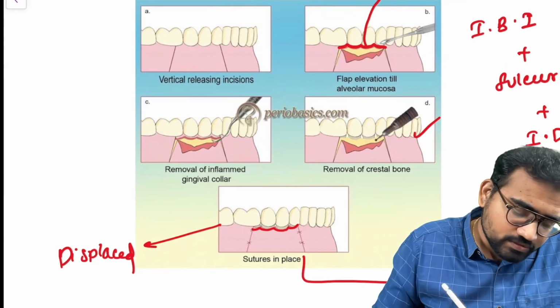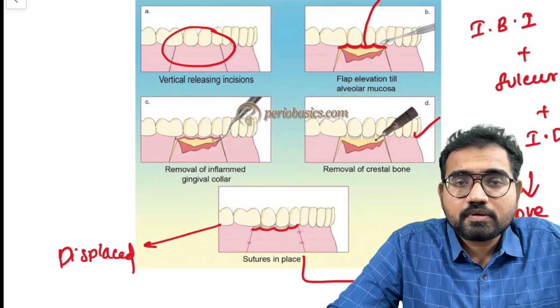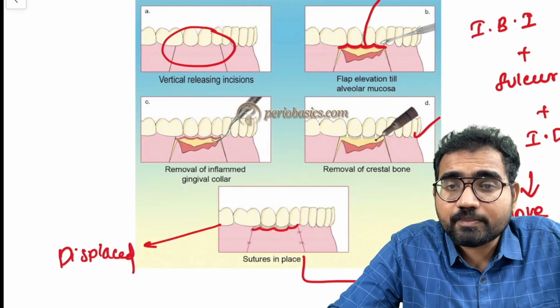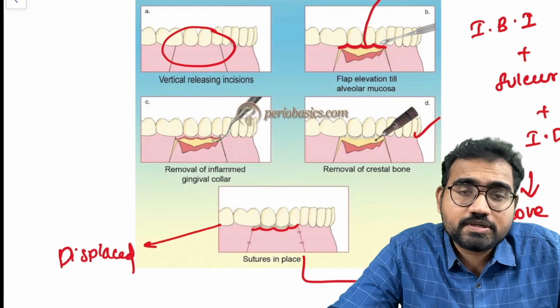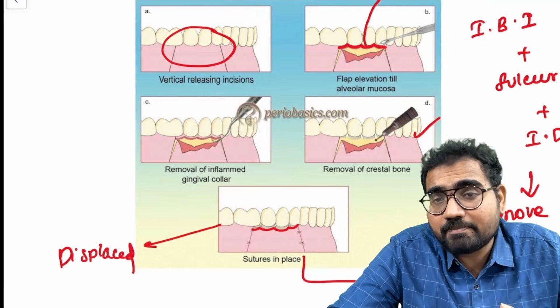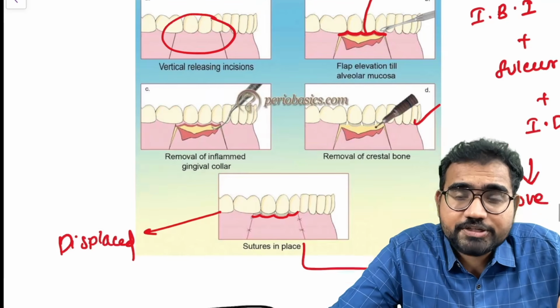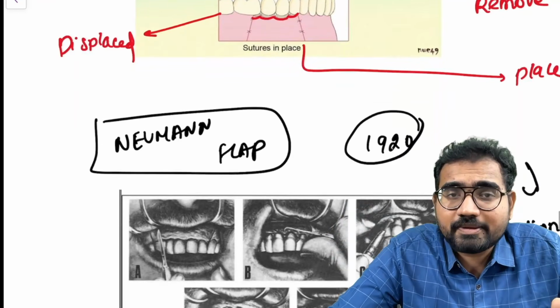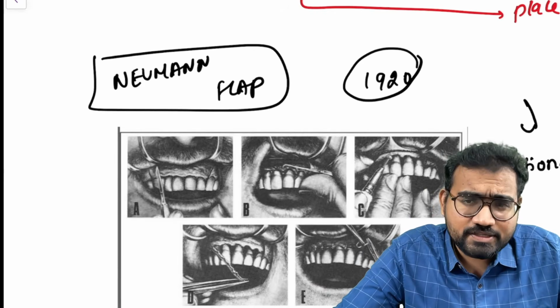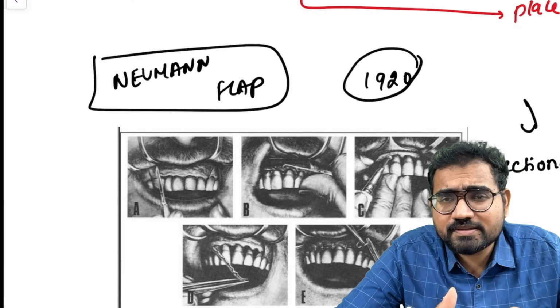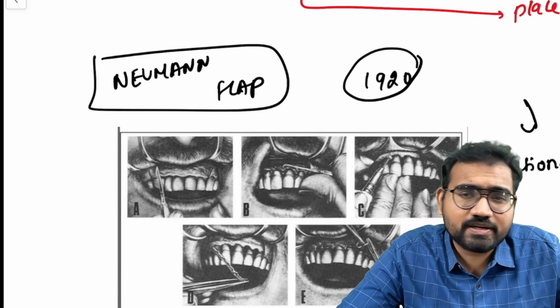Originally it was like this, but at the end I'm going to suture it at the level of the alveolar bone crest. So I'm displacing the flap apically. It is a pocket elimination procedure, and I'm displacing the flap apically. The Newman flap, again, is very similar to the original Widman. It is also a displaced flap, and it varies in giving sectional vertical releasing incisions.